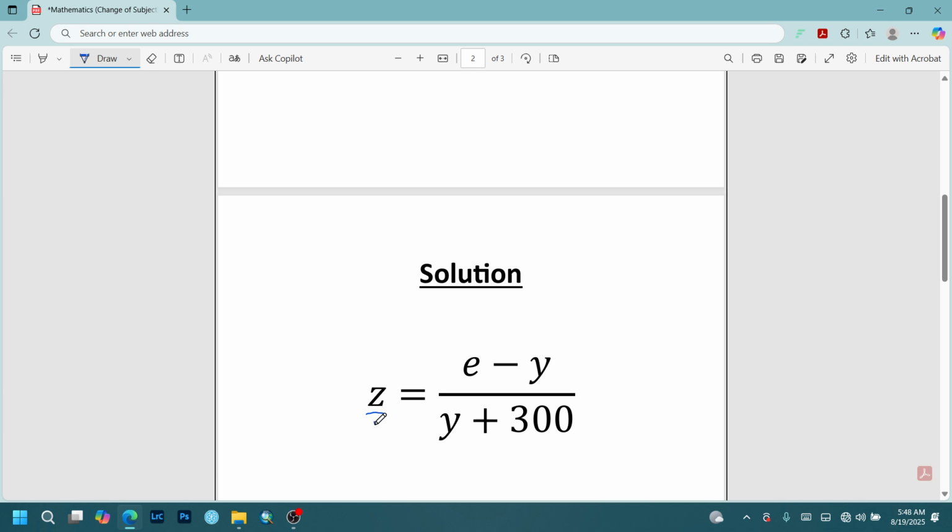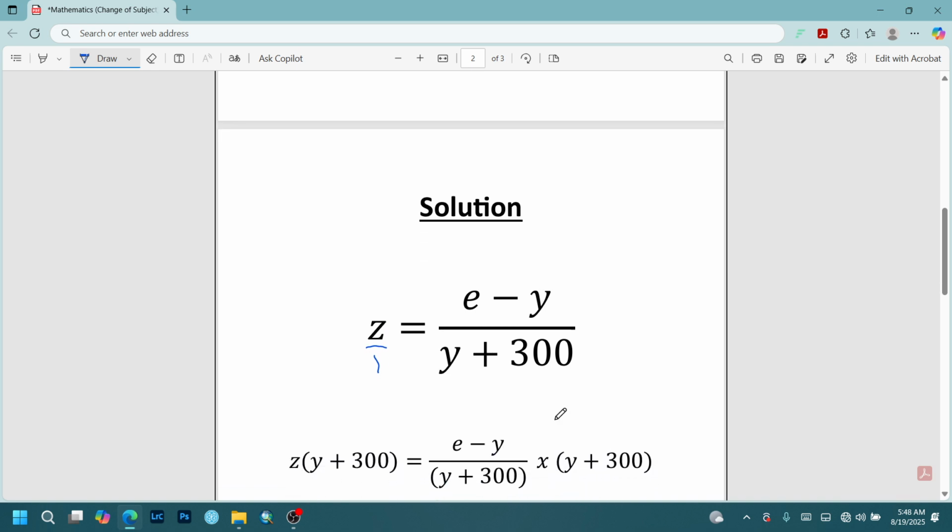So this 1 multiplying y plus 300 will give you the same y plus 300. That means y plus 300 can go into 1, and 1 can go into y plus 300. So this makes y plus 300 our LCM, our common factor.